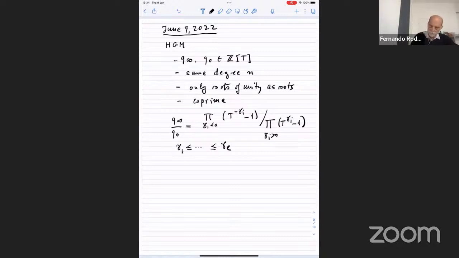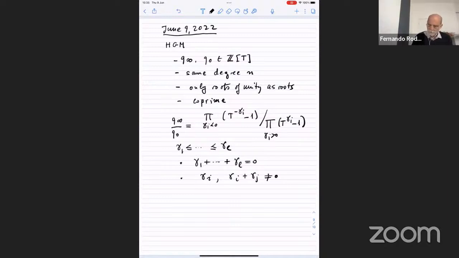And we'll see that, since q infinity and q0 have the same degree, the sum of the gammas is 0. And we do this economically, so neither gamma i nor gamma i plus gamma j is 0. So we don't have cancellations.